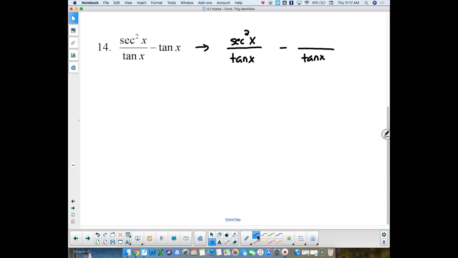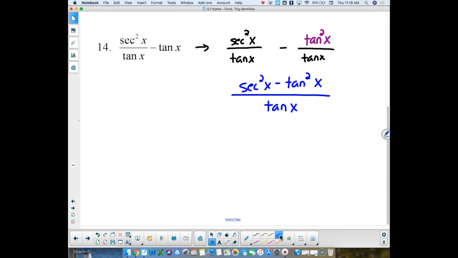The second one, I need to multiply by tangent of x, so that becomes tangent squared of x. So that becomes secant squared of x minus tangent squared of x all over tangent of x. Agree?